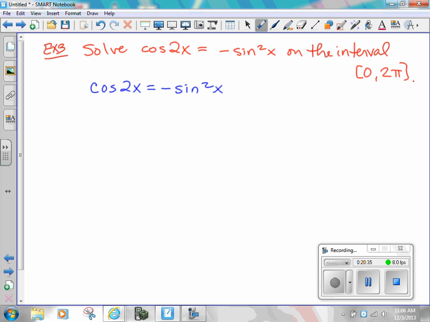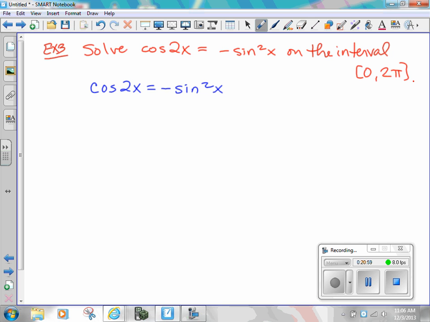Is negative sine squared x negative 1 minus cosine squared? No, it's negative 1 times sine squared x. There is a number in front of it, but it's a 0. Can you change sine squared x to 1 minus cosine squared? You could, but watch what's getting ready to happen.